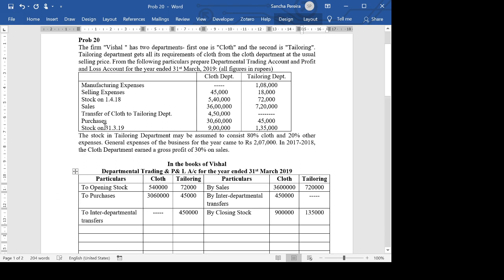This side we also have manufacturing expenses, two manufacturing expenses, only for the tailoring department, nothing for the cloth department. So here we have 1 lakh 8,000. I think that's it for the trading account. There's nothing else that goes.